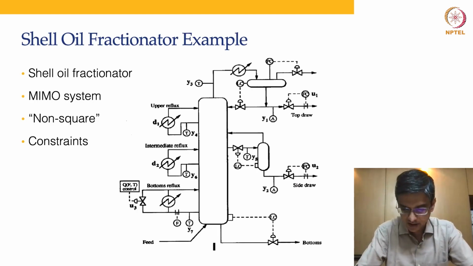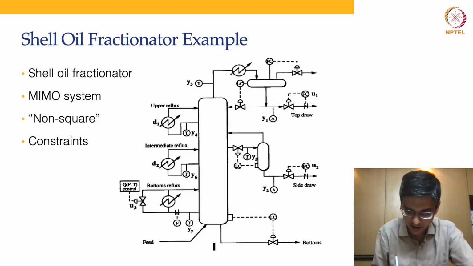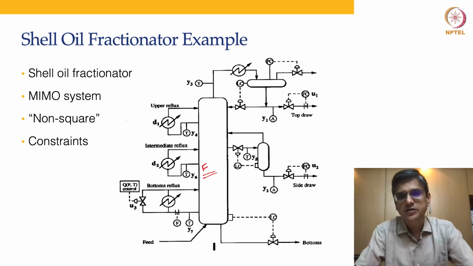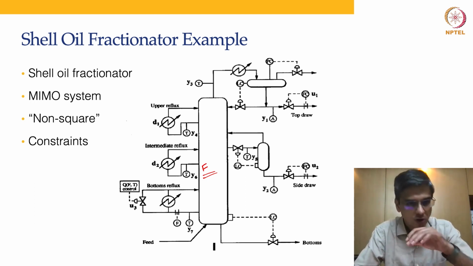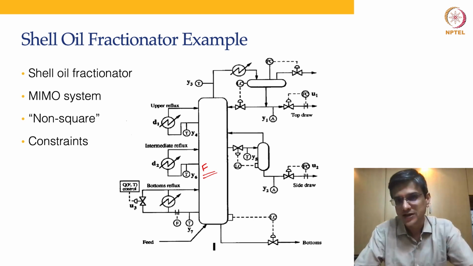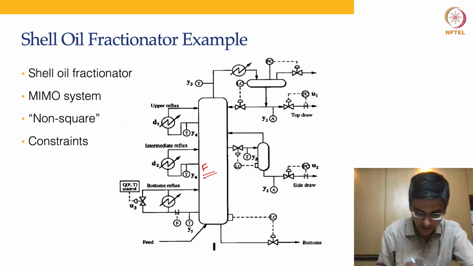And the problem that they had formulated was, there is something called a fractionator, and a fractionator consists of multiple input streams, multiple output streams, and you have bottom draw, side draw, top draw, and so on. So the bottom draw might be heavy oils, the side draw might be lighter oils, the topmost draw might be some kind of a gaseous material such as LPG, for example. So it is a MIMO system, it's a non-square system.